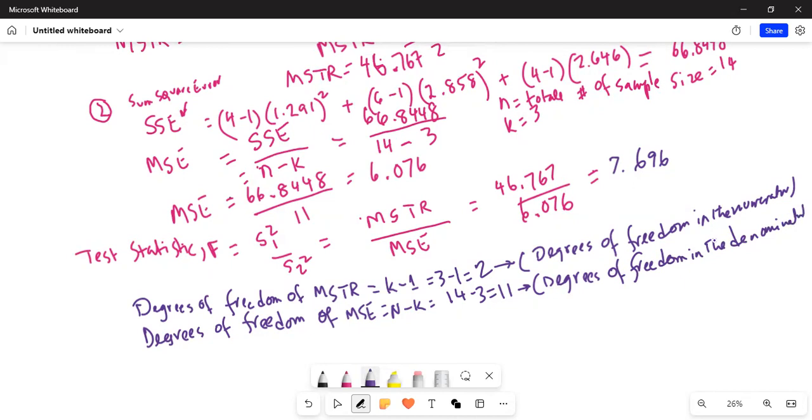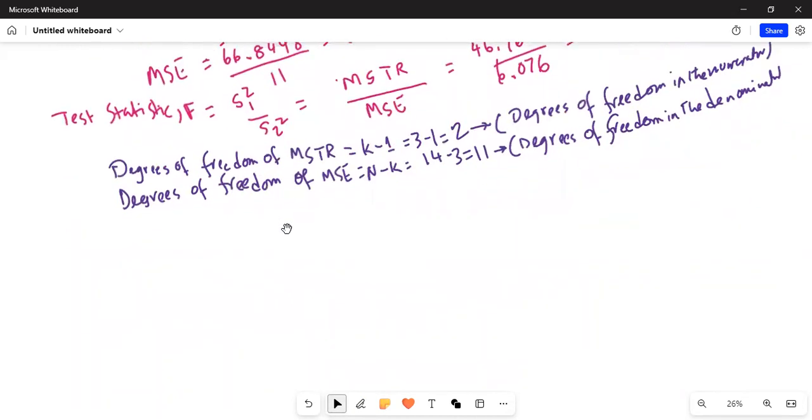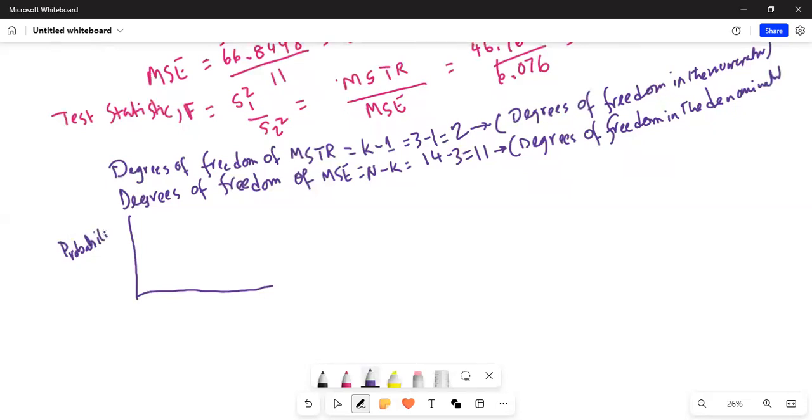Now I will create some space and show you a diagram of the F distribution. So F distribution looks like this. Probability density on the vertical axis, and on the horizontal axis F. F distribution always starts from 0.